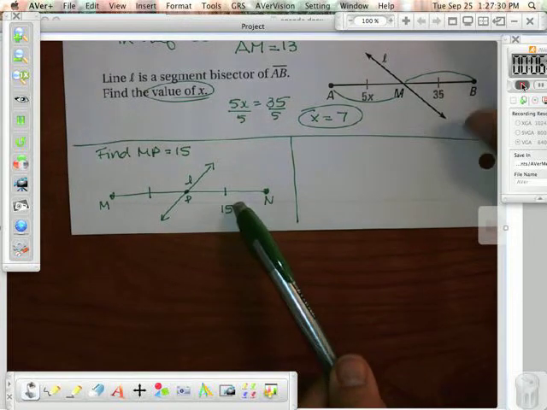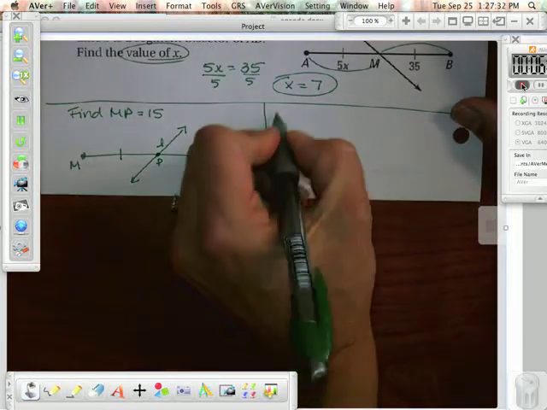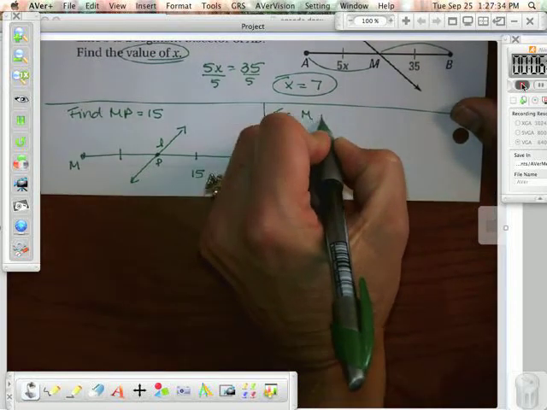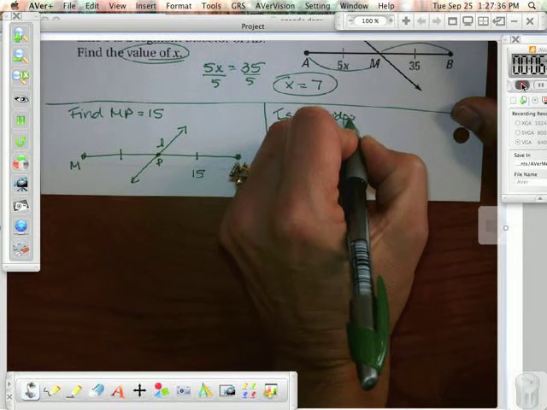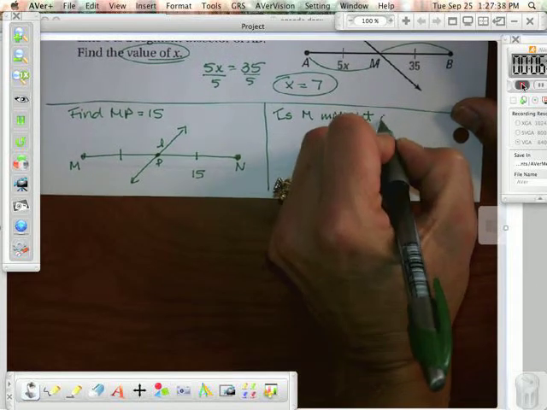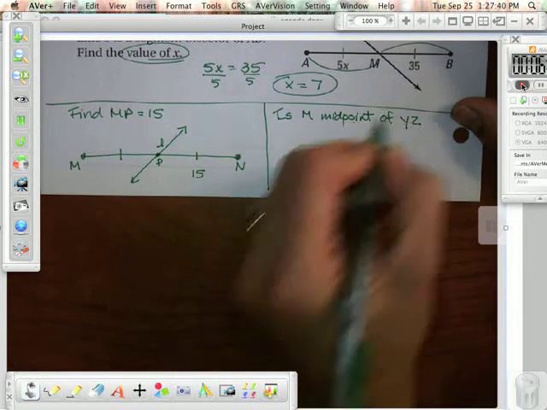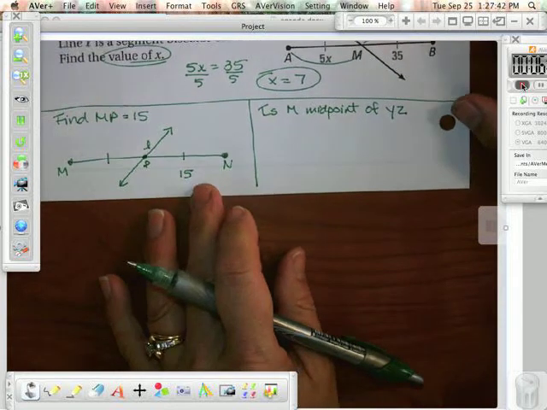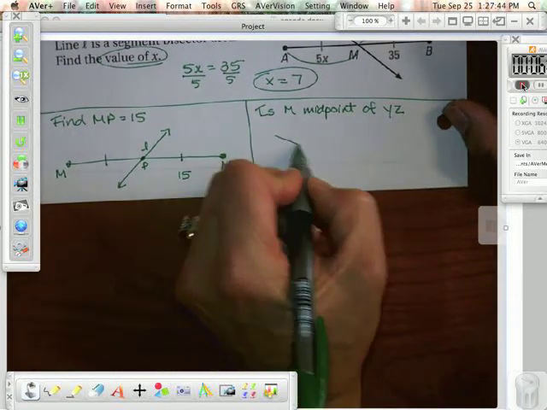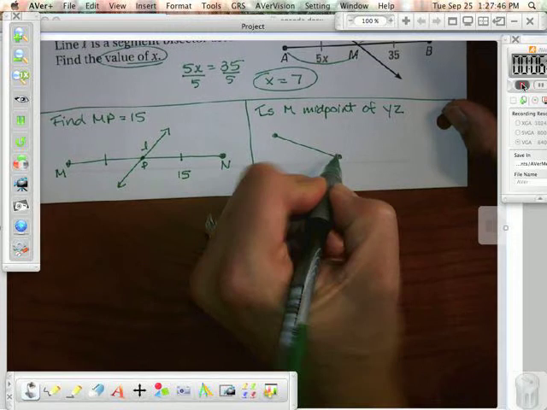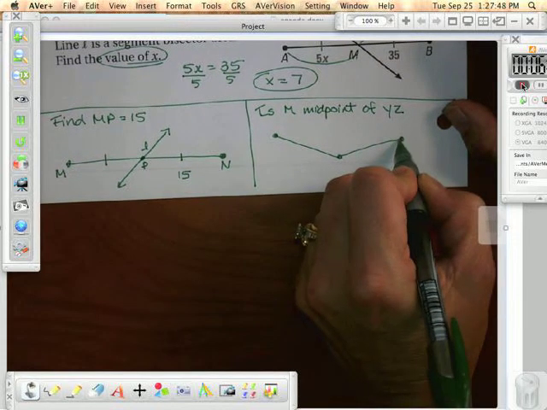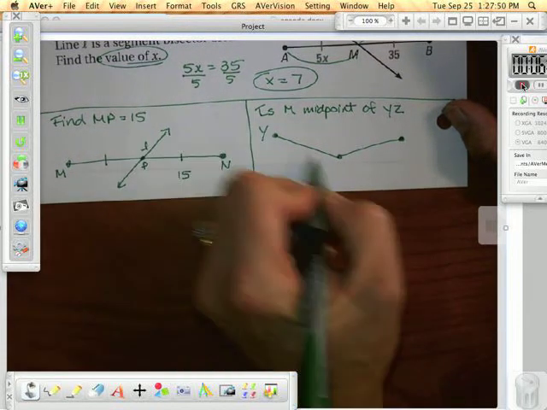All right, let's do another one. Is M the midpoint of YZ? Well, let's see. I'm going to draw you a picture here. So I have this. This. Don't get ahead of me.